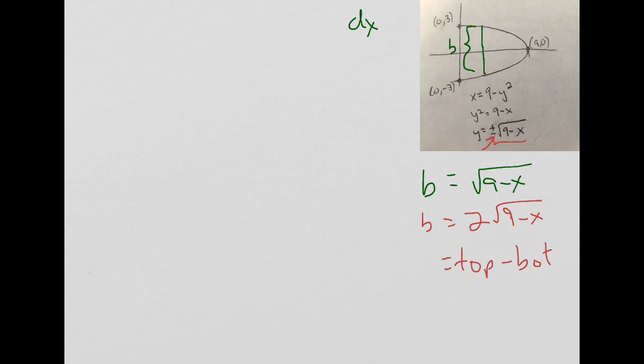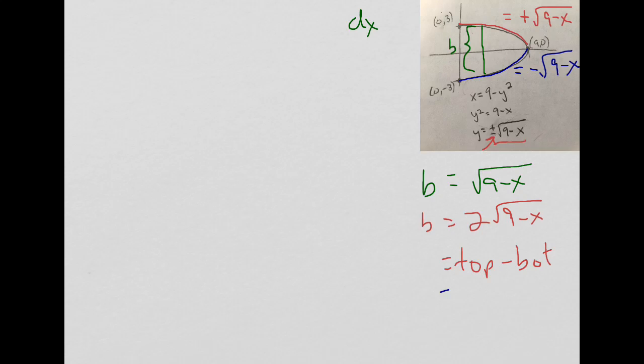So this top side is the positive. This spot right here is equal to a positive root 9 minus x, while this part down here is equal to the negative root 9 minus x.